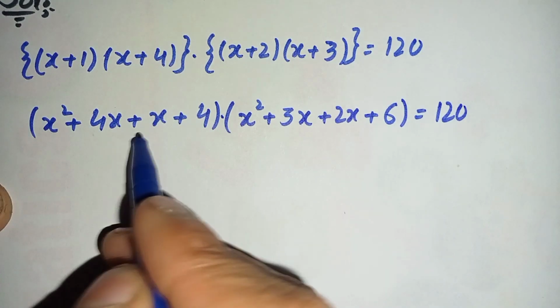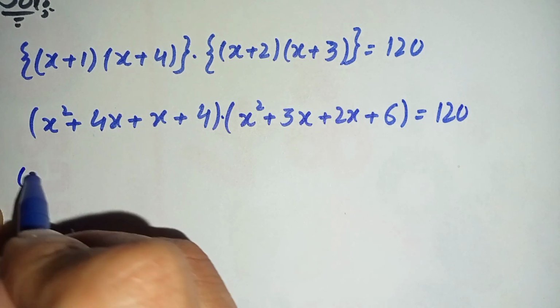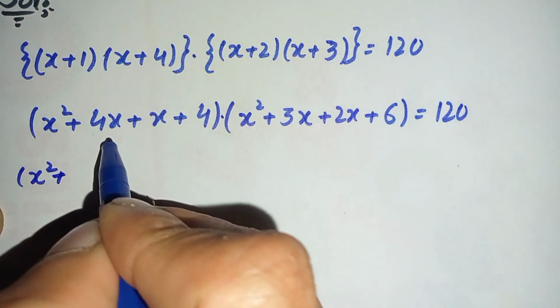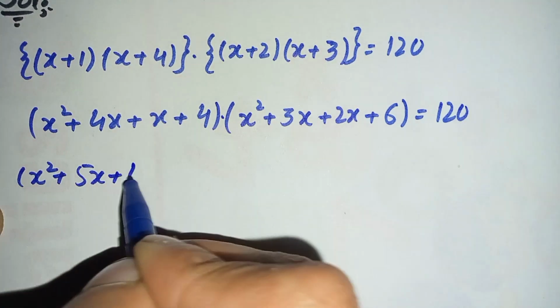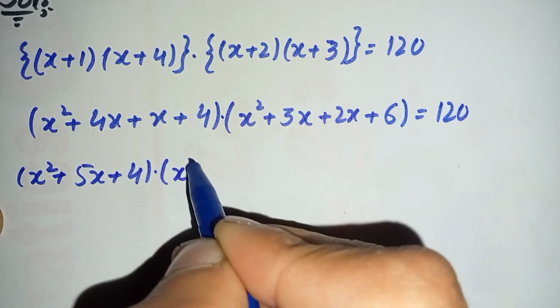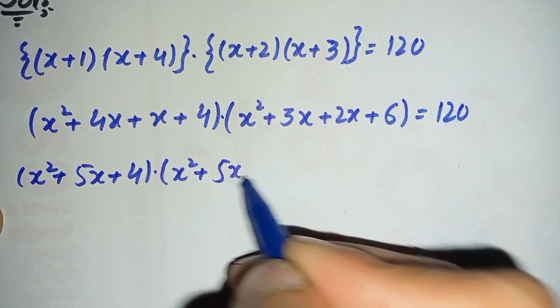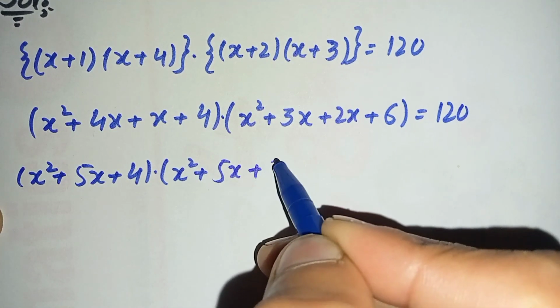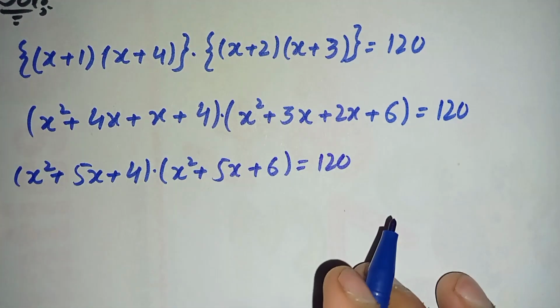Now let us add these two terms and these two terms. It will become (x square plus 4x plus x is 5x plus 4) times (x square plus 3x plus 2x is 5x plus 6) is equal to 120.